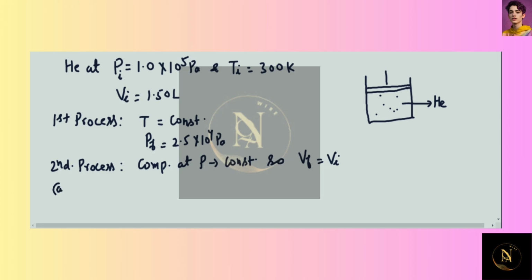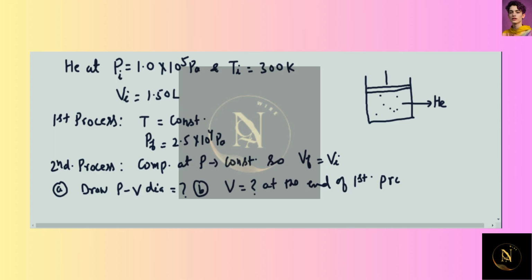In part A, we have to draw the PV diagram. In part B, find the volume of the gas at the end of the first process. In part C, find the total work done by the gas during both the processes.